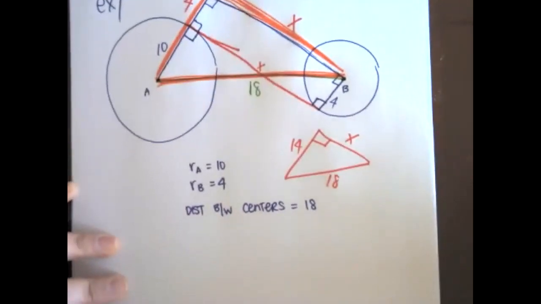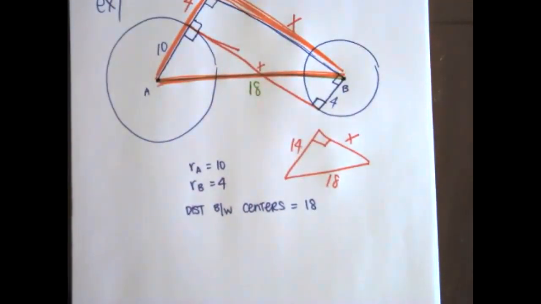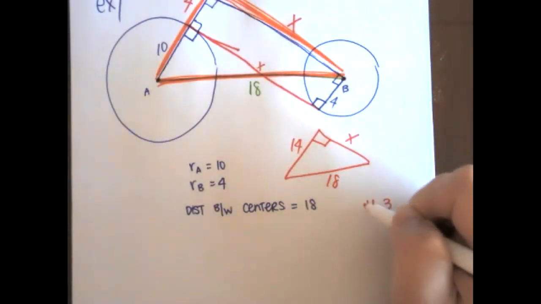Okay, so I'll give you a moment. So Pythagorean theorem, you should get 11.3.